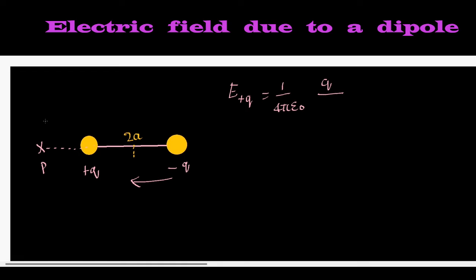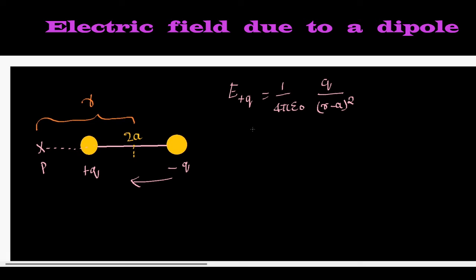And if we take the distance between the point P and the center of the dipole as r, we can write the distance from plus q to P as r minus a. So it will be (r minus a) whole square.